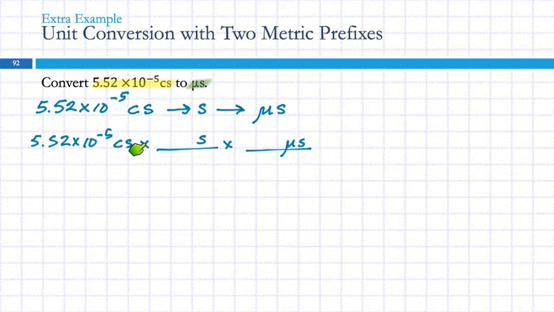I take the first unit and put it in the bottom so they cancel out. And I take this unit and put it down here so the seconds cancel out. And then I'm left with the unit I wanted.